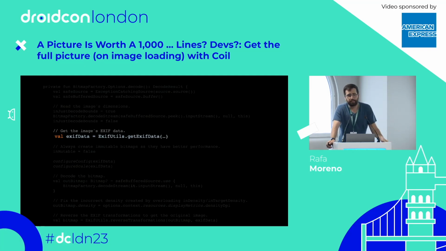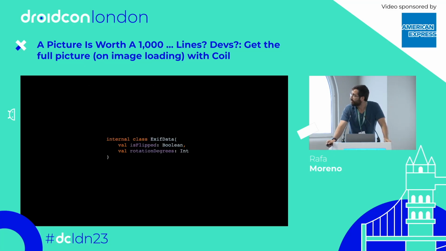Namely, I don't know all of them, but location, the specs of the camera where it was taken, various other things. But we really only care about 2 for the purposes of decoding our image: whether it's flipped and the rotation degrees for said image.